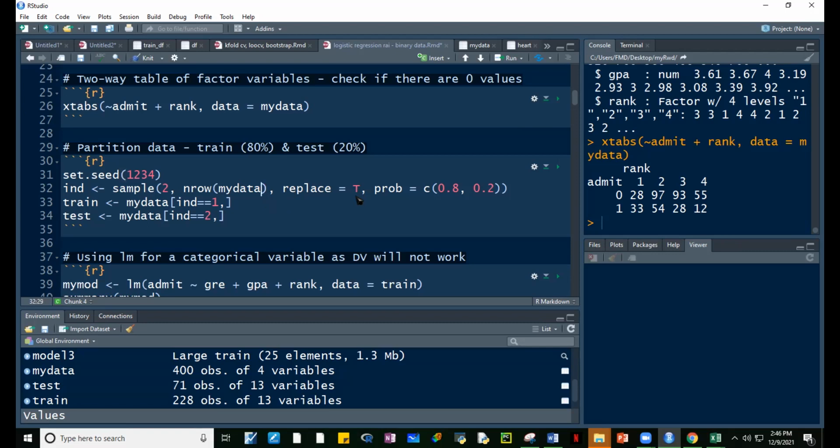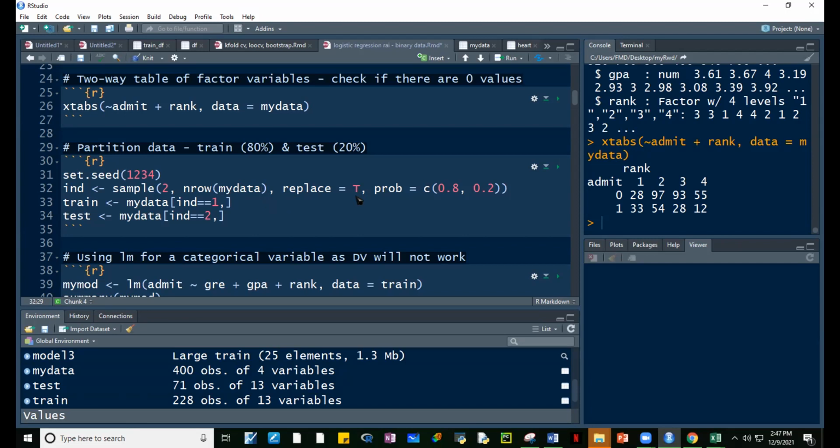When you draw out a sample, let's imagine, guys, having a container, a small container, and in that container you have the numbers 1 to 400 representing the observations.